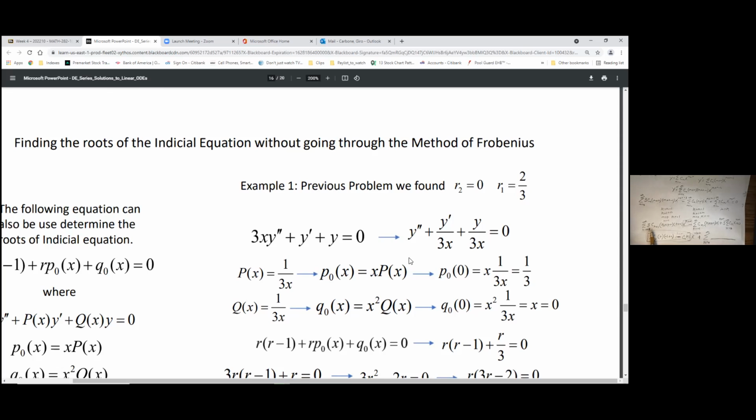So my function p, which is a function of x, is just 3 over x, and q is also 3 over x. If I multiply it by x, I just get 1/3. If I multiply this by x squared, I get 0.